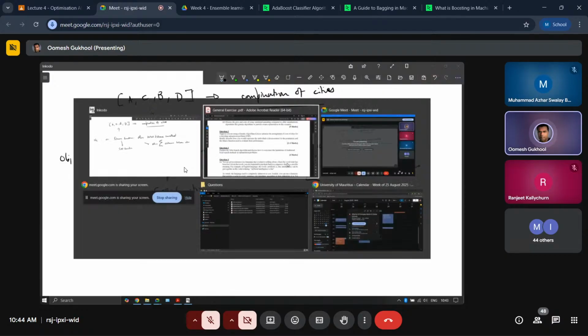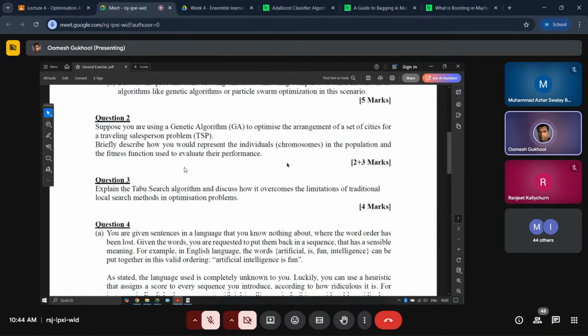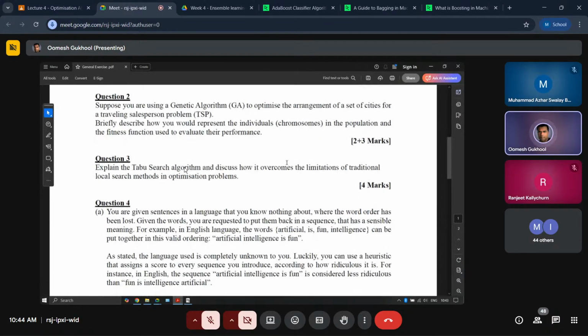So the next question, I'm just going a little bit quick. Explain the taboo search algorithm and discuss. You can see you get only 4 marks. Don't discuss too much. Just be simple, precise and concise. And discuss how it overcomes the limitation of traditional local search methods in optimization problems.